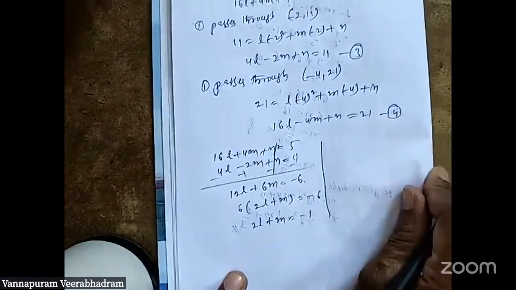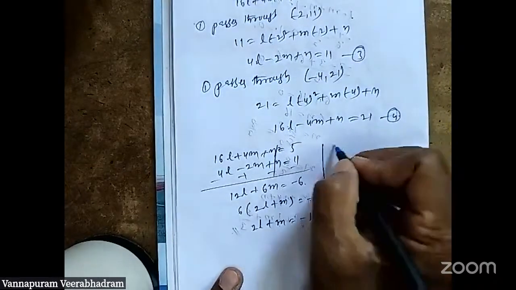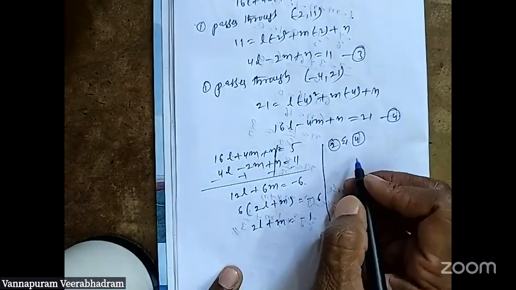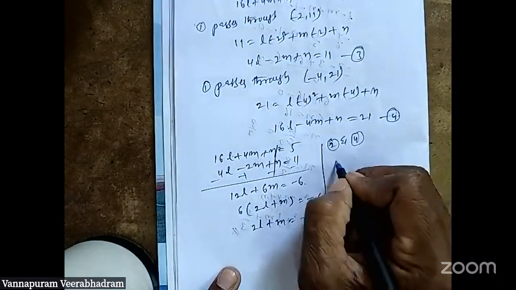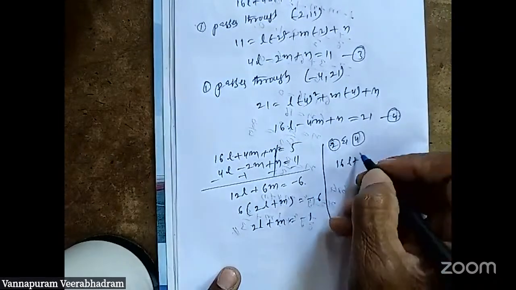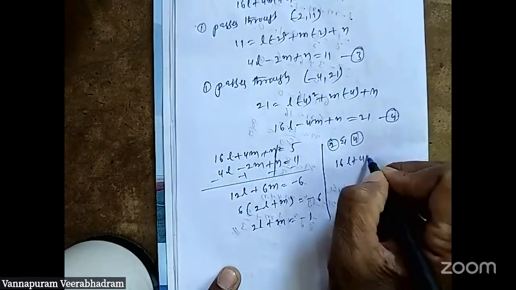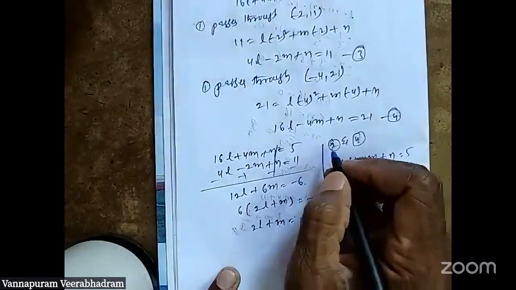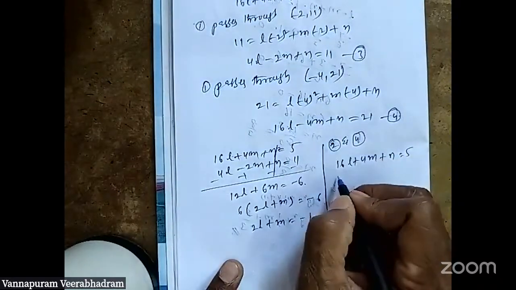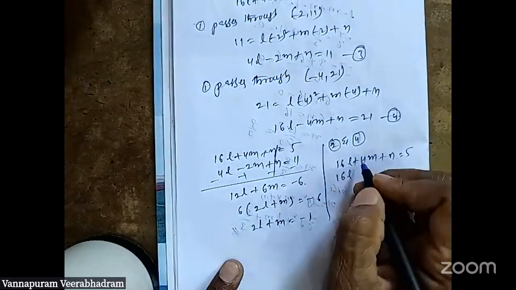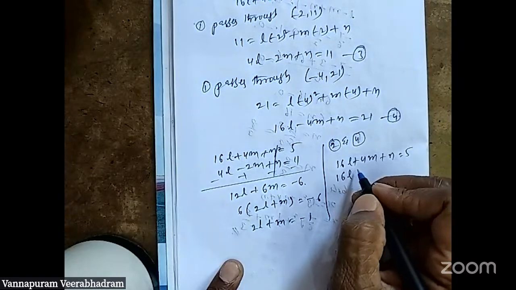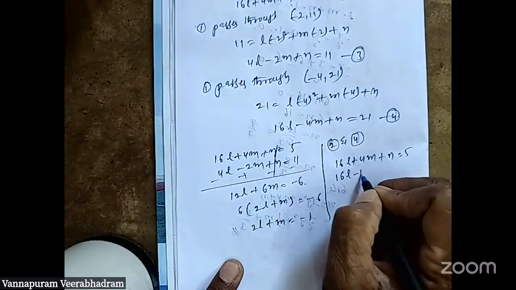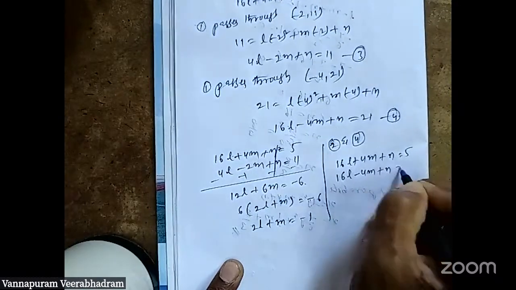Now solve the equation 2 and 4. From 2 and 4, the equation 2 is 16L plus 4m plus n equal to 5. And equation 4 is 16L minus 4m plus n is equals to 21.